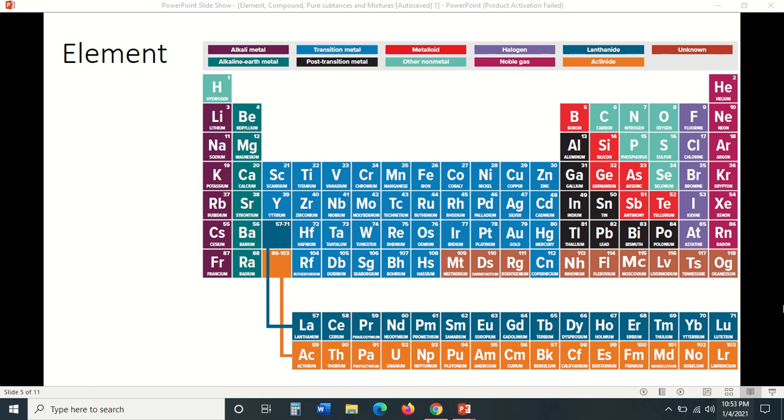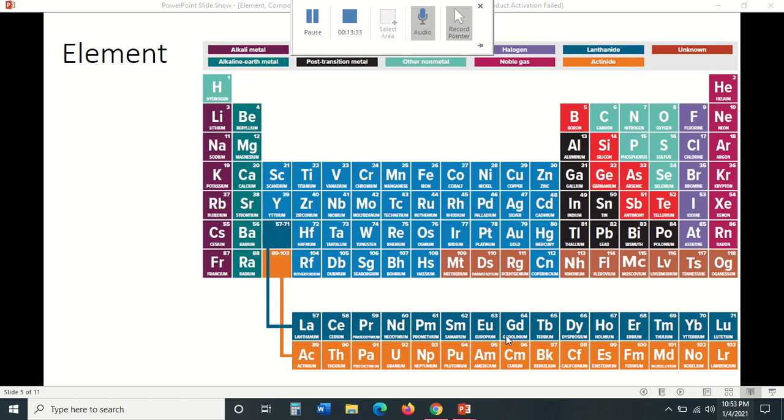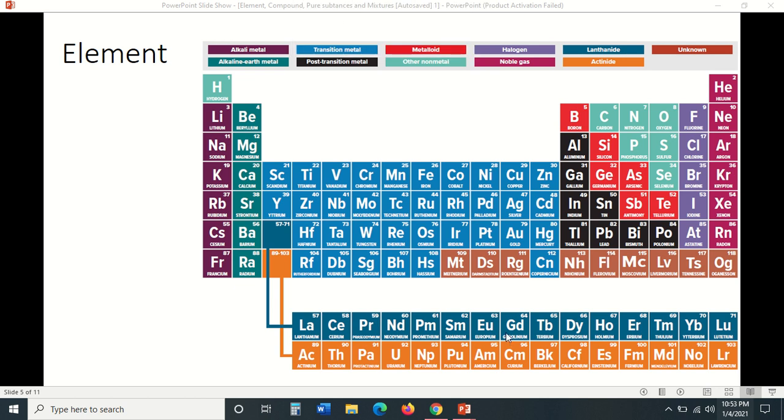So sometimes a compound can neutralize its element character.